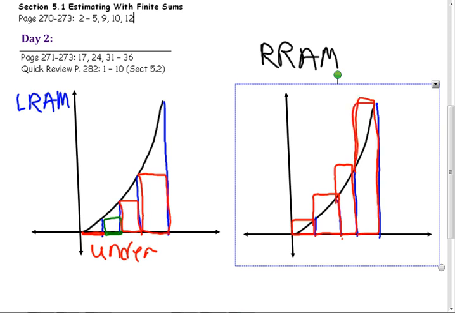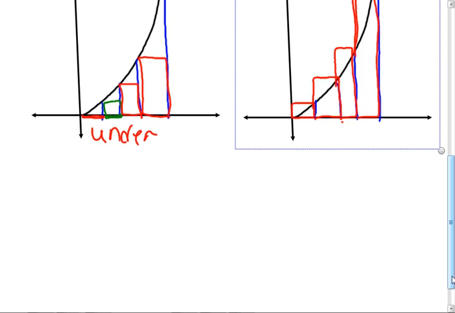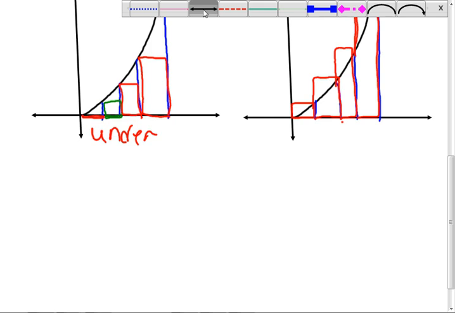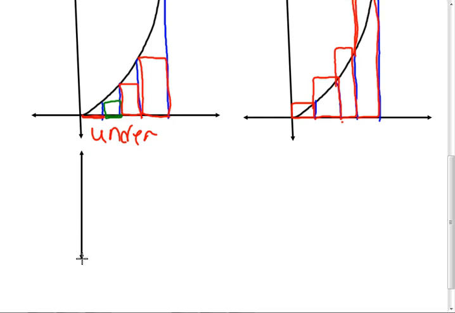So I'm going to draw a new one, but let's make it decrease.